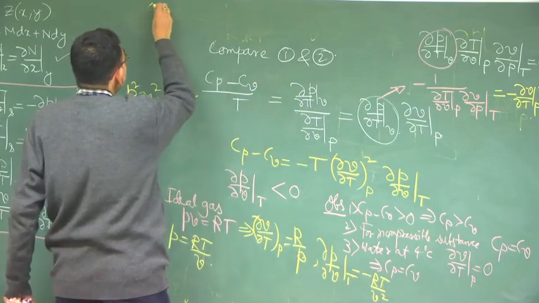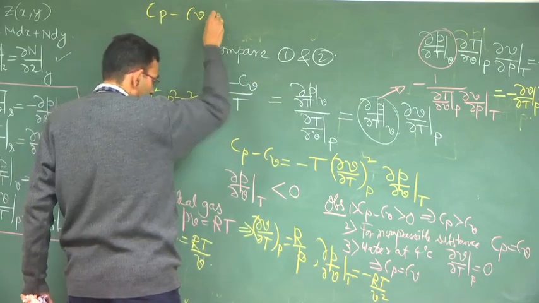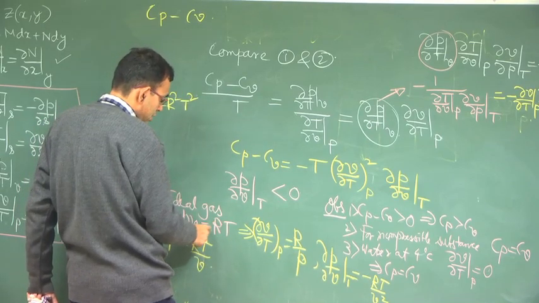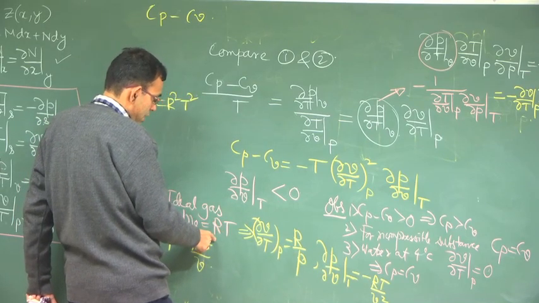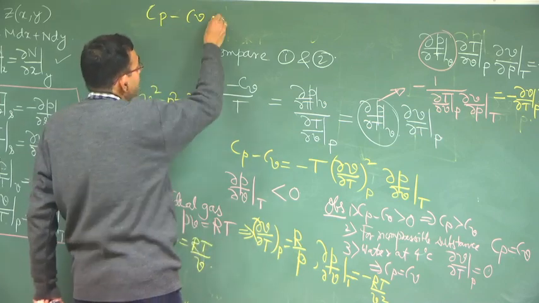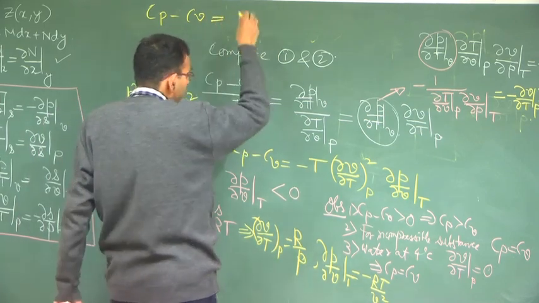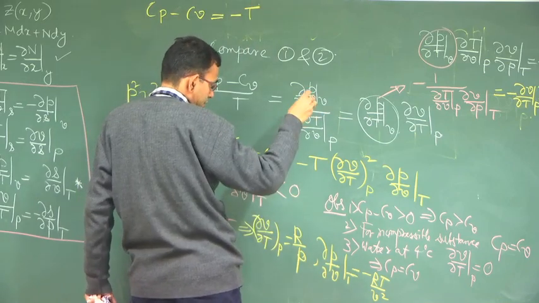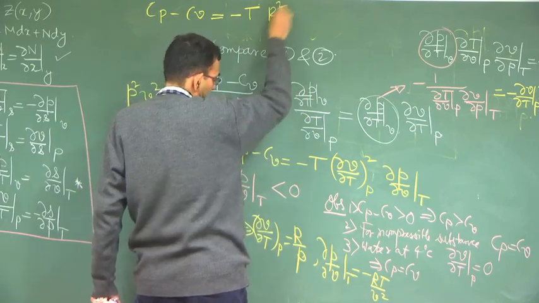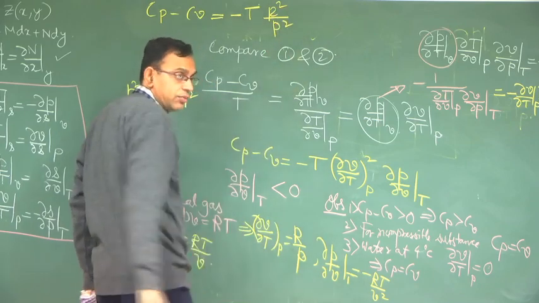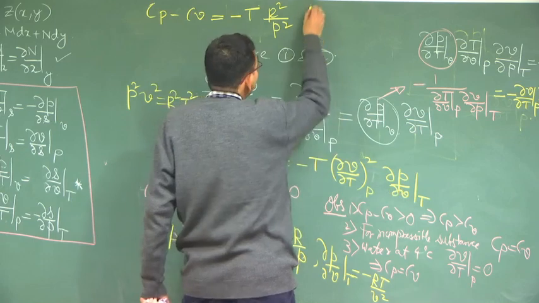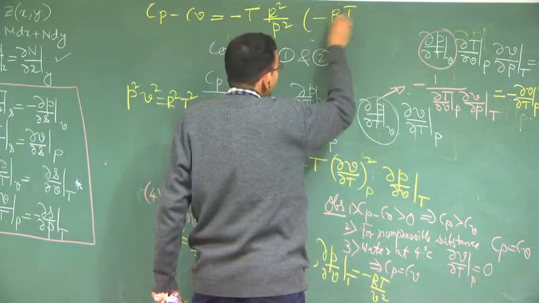So, Cp minus Cv, this is R by P not R by V, right, del V del T at constant pressure is R by P. So, Cp minus Cv will be minus T into (del V del T at constant pressure) square, R square by P square, not V square as we wrote last time, into minus RT by V square.